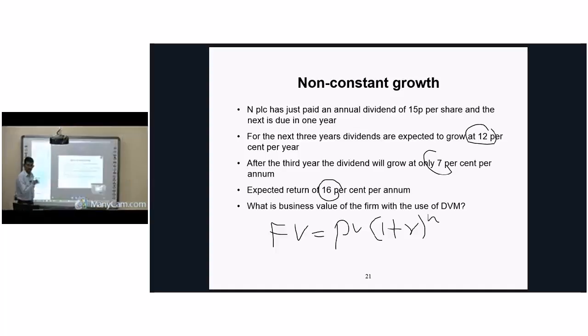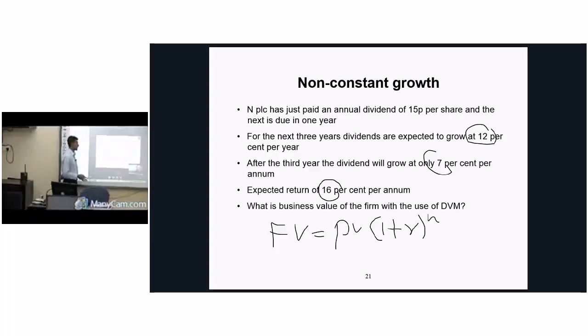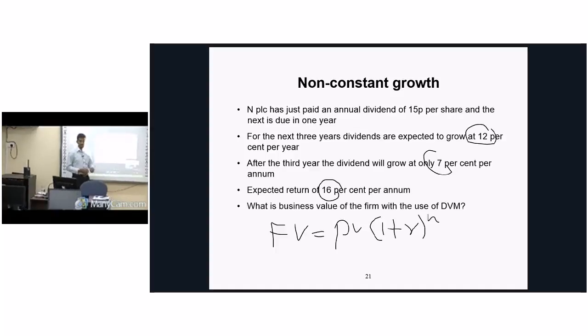This is the equation we apply for all these questions. Future value is all the expected cash flows, present value is today's value, r means rate of return, it can be cost of capital or interest rate, and n means the number of times, not the number of years, right?